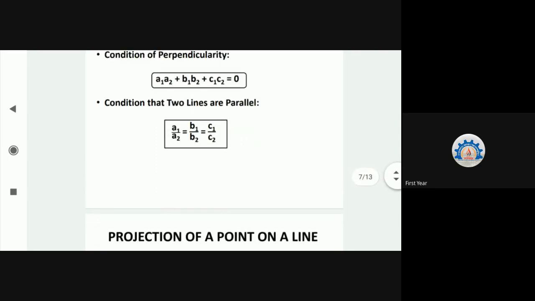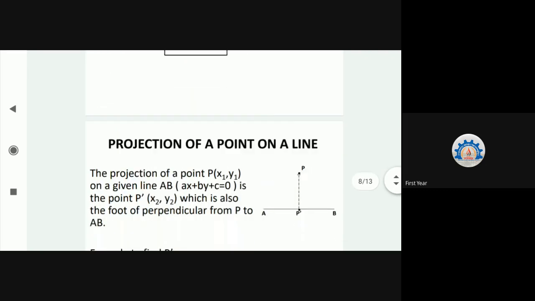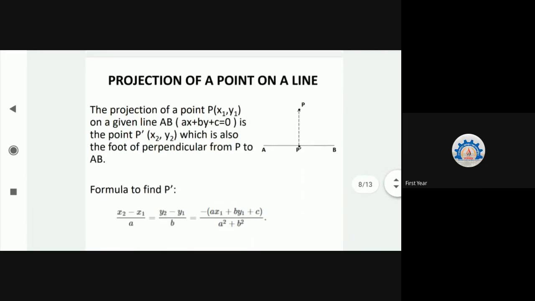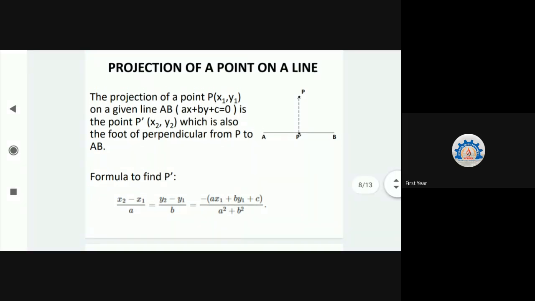So we are done with the revision of prerequisite topics. Now we will see projection of a point on a line. Suppose a point P(x1, y1) is given and a line ax plus by plus c is equal to 0 is given in two dimensions, that is 2D. Then the projection of point P on the line will be point P dash, that is (x2, y2), which is also known as the foot of perpendicular.